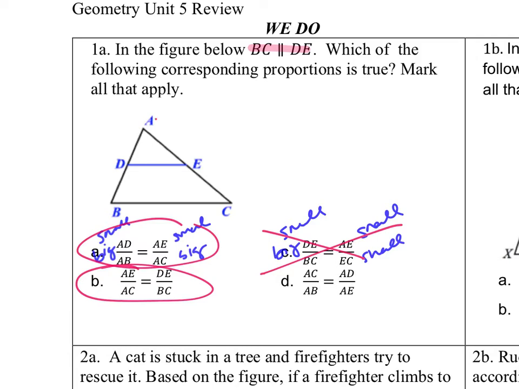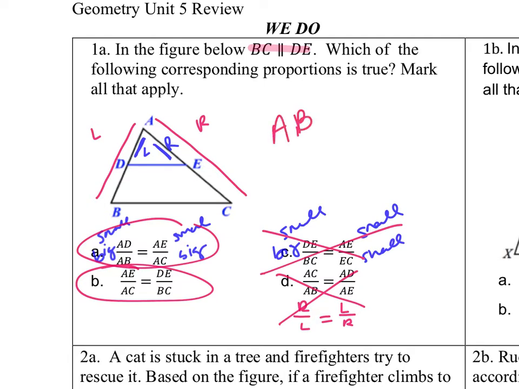We have AC over AB, so right over left, okay, equals AD left over AE, right. So this one, they are technically not corresponding because we have right over left equals left over right. In order for these to be corresponding, they would need to be flipped. So D is not an adequate proportion either. So for number one, we have A and B.